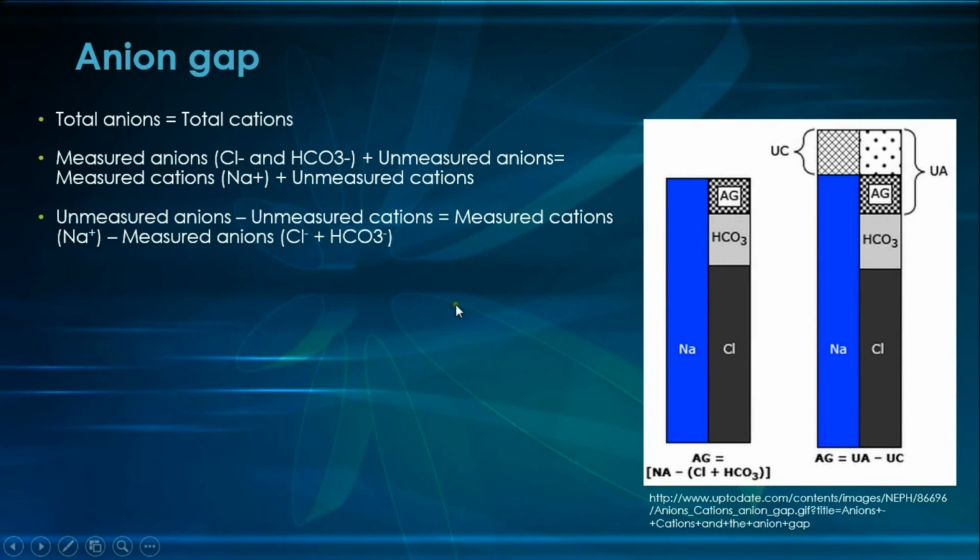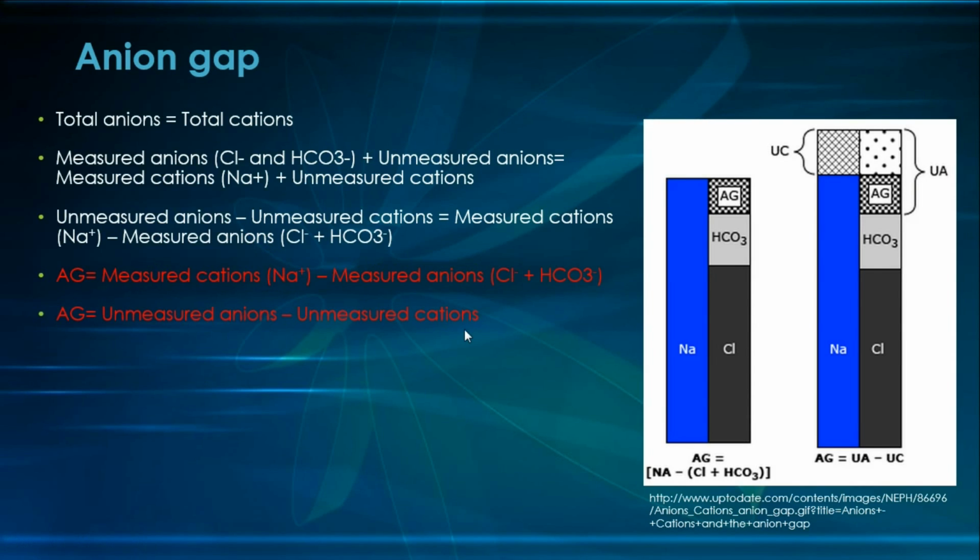And that leads us to the following two conclusions. The anion gap is equal to the measured cations minus the measured anions, and the anion gap is equal to the unmeasured anions minus the unmeasured cations, as explained by this equation.